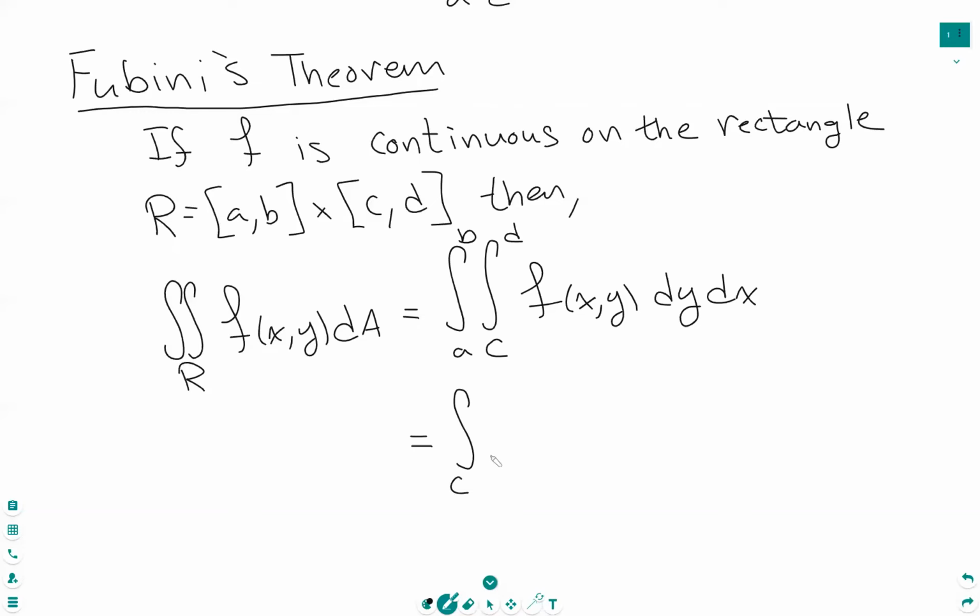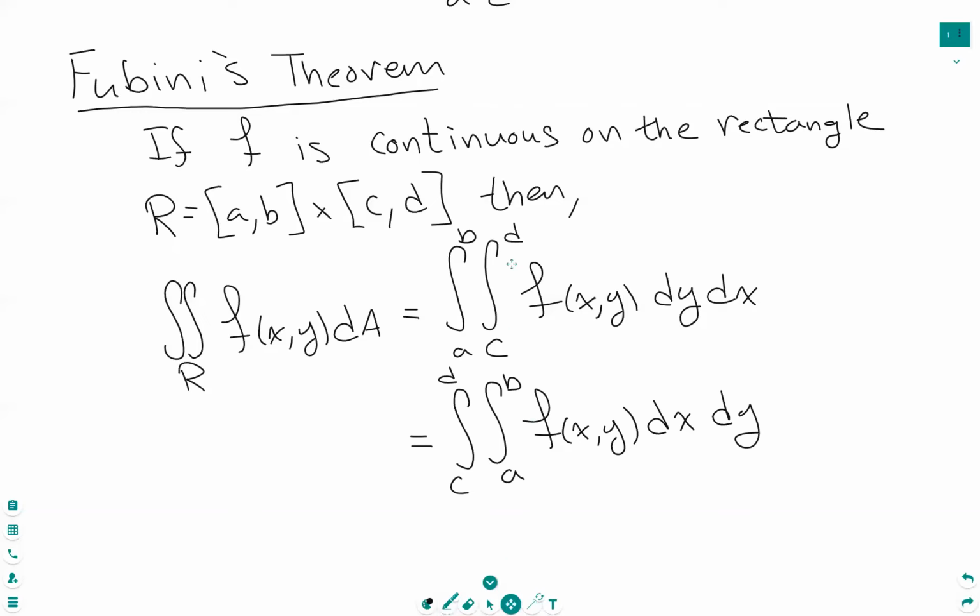We can go from c to d, and then the integral from a to b of f of x and y, dx, dy. So the innermost integral is the area of the trace for any particular y value. And then we go in the y direction, we add up all of those areas and create this volume.